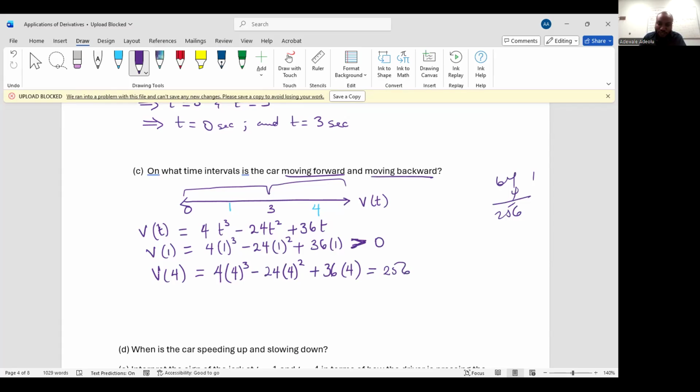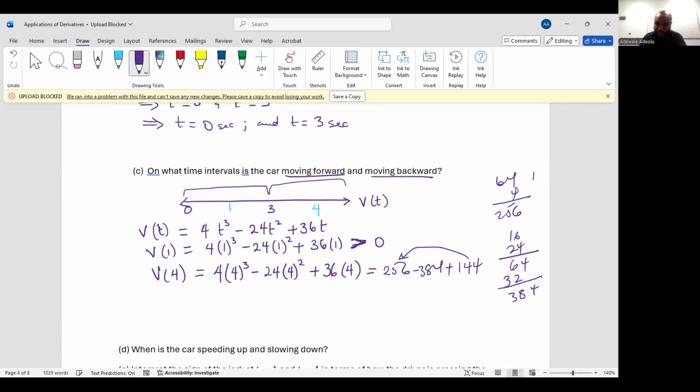Then the next one, 4 raised to power 2, that is 16. 16 times 24 is 384. So minus 384 plus 36 times 4, that is 144.